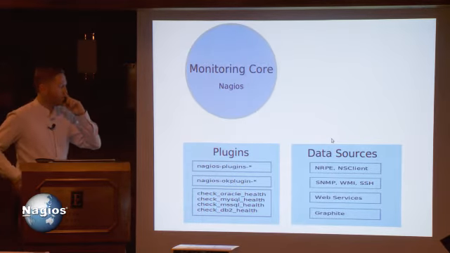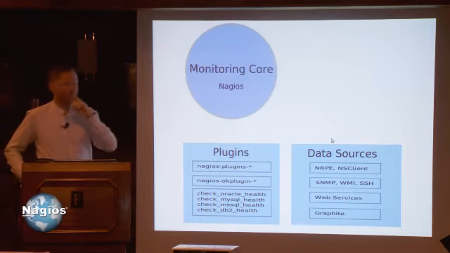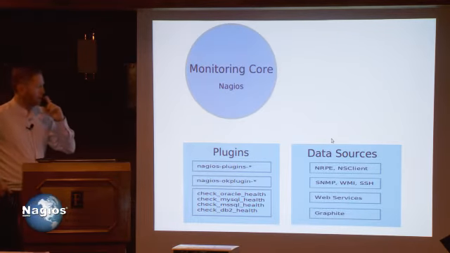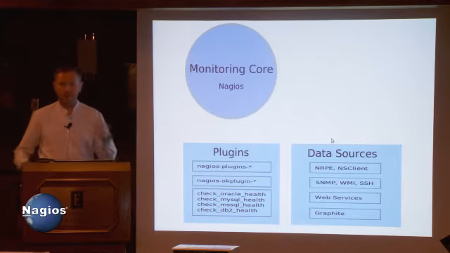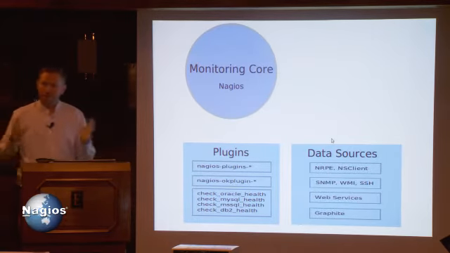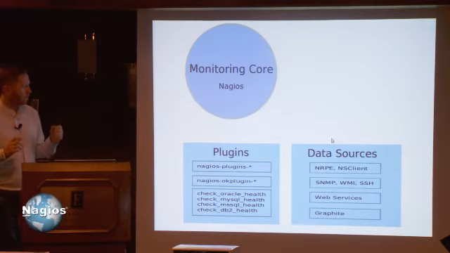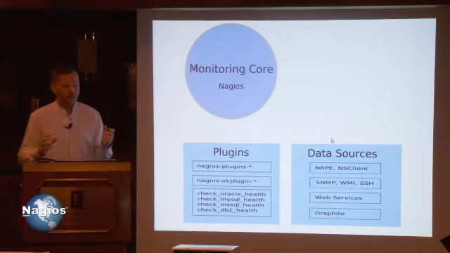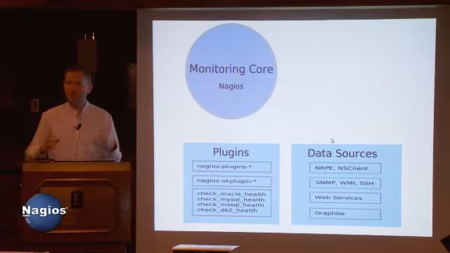Graphite. I don't know if anyone here is using Graphite. Some of you are using Graphite. Very cool. It can be good in the way that it's a bucket of application metrics. You don't have to graph all of them, like you would do with PNP for Nagios. But sometimes there are some metrics that are kind of cool to you, but you don't really want to alert on them.